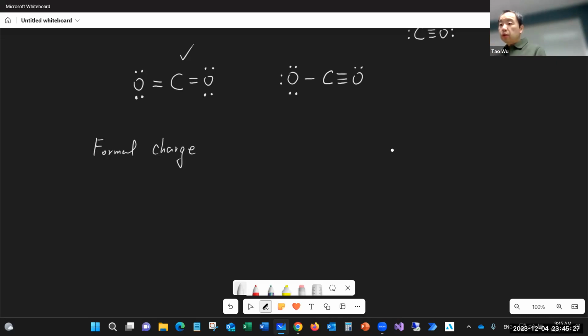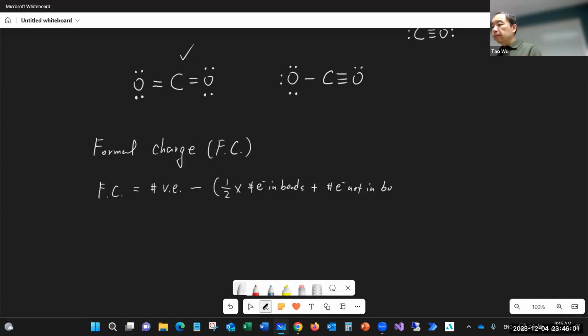Generally, the formal charge is equal to the number of valence electrons, subtract 1/2 times the number of electrons in bonds, plus the number of electrons not in bonds.